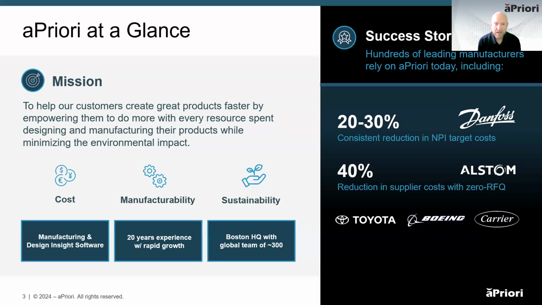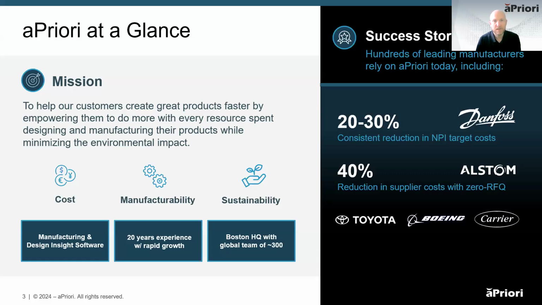Well, we've been providing manufacturers, the leading manufacturers, with insights into product should cost, and we've expanded that into manufacturability and sustainability in the more recent years. We're a global team of around 300 people, headquartered in Boston, with a European office in Belfast and in Germany. And essentially we simulate the manufacturing process and give you insights into that.